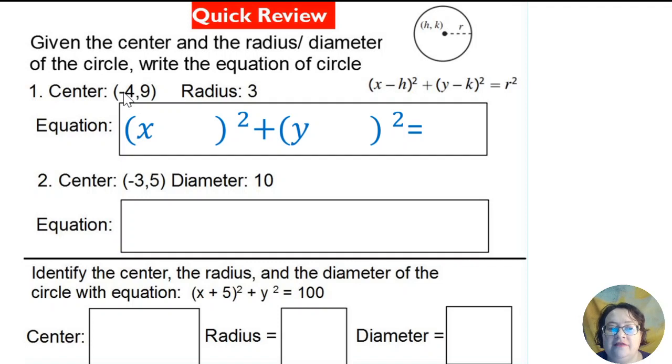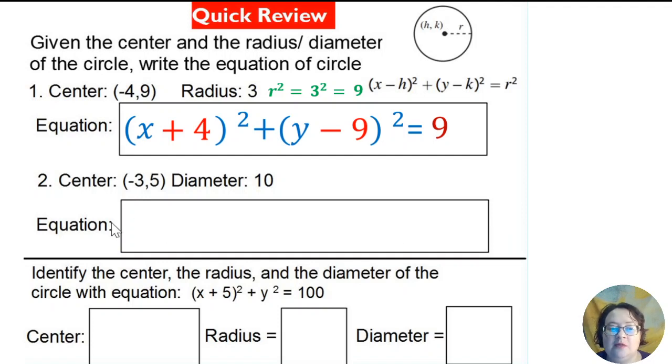I have a negative 4 here for my x value, so beside x, I'm going to flip that and make it plus 4. With a positive 9, I'm going to flip that and make it minus 9 beside y. And then I need to take my radius and square it. Here, r is 3, so the radius squared is 3 squared, or 9. So that's what I'm going to put on the other side of my equal sign.